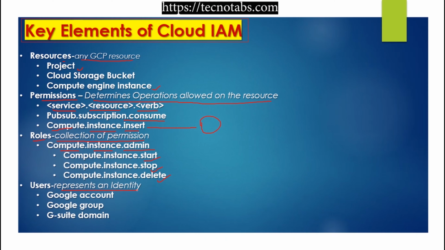These are the people or the members of the team, the DevOps team or the developer team, that represent the identity. It can be in the form of a Google account or Google group or G Suite domain and so on. Okay, so it's very important for us to understand the difference between all these four key components, that is, resource, permissions, roles and users. When we see them, we should be able to determine what is what. So you can spend some time understanding all these key components.